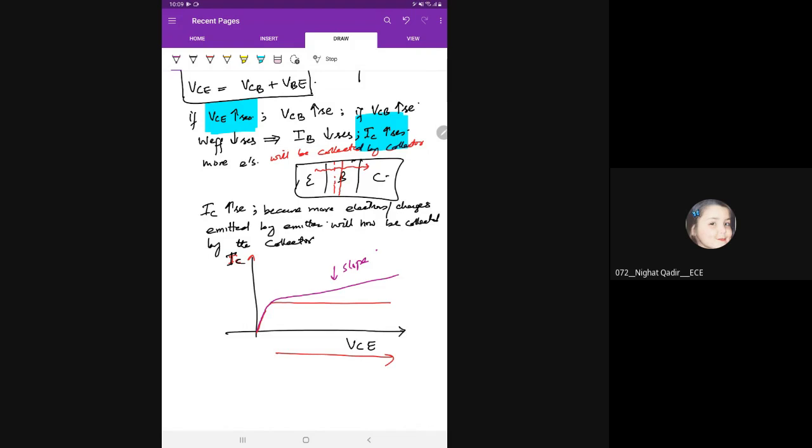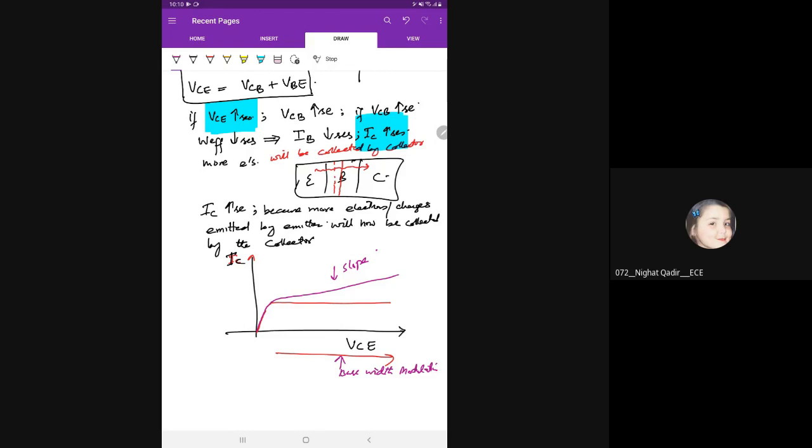Otherwise, as was the case in common base configuration, there was no slope in the output characteristics. लेकिन यहाँ output characteristics different होंगे, क्योंकि जो ही हम VCE increase कर रहे हैं, then base width modulation happens. And because of that base width modulation, lesser recombination will happen in the base.